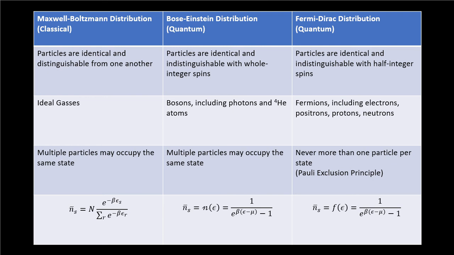Fermi-Dirac distributions forbid multiple particles coalescing into the same state, whereas that is possible for bosons and for particles on the classical scale.